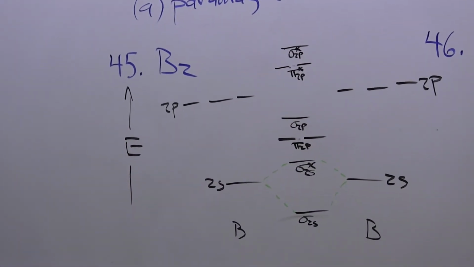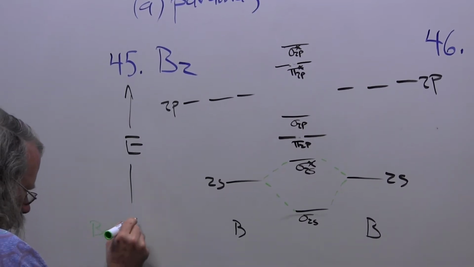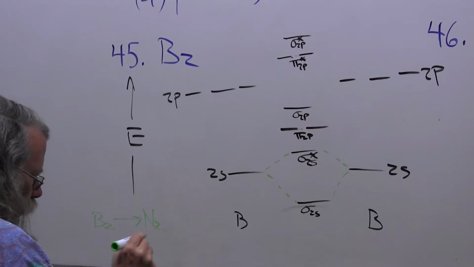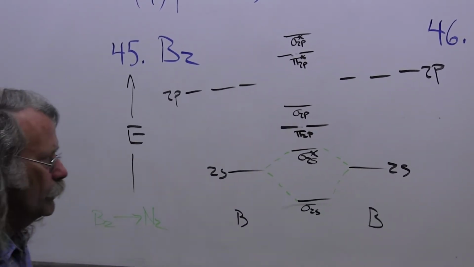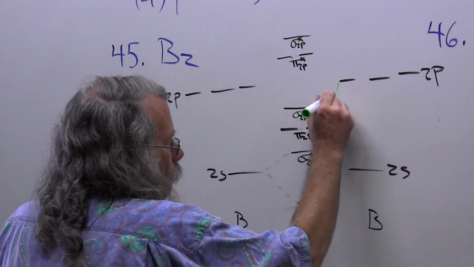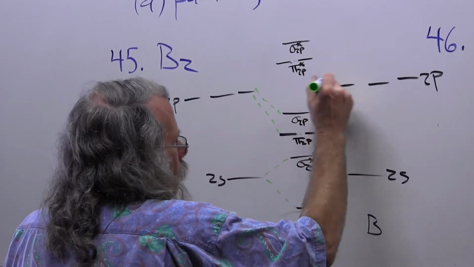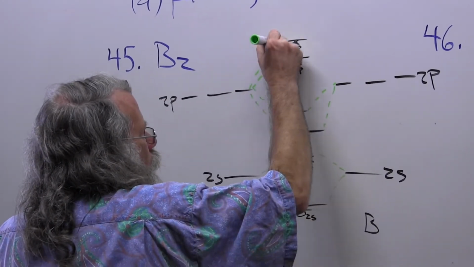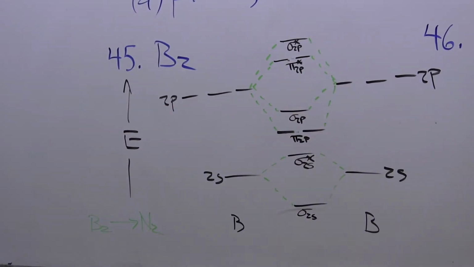And so for boron B2 through N2, I'm going to have this ordering of the orbitals. So we could just memorize that fact.